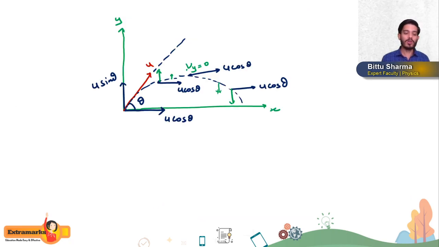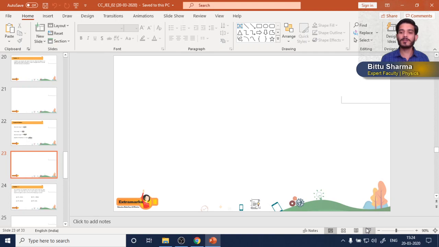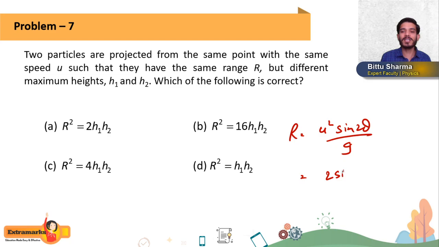Getting or not? I'll write it again. So R is u square sine 2 theta by g, meaning 2 sine theta cos theta u square by g. Getting? And h1 is what?